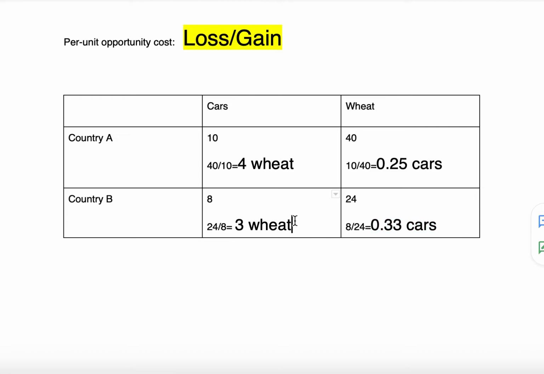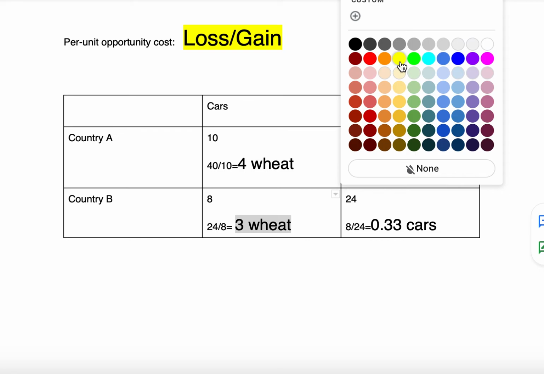Now we've got all the information we could possibly need to solve the comparative advantage problem. So who can make a car at the lowest opportunity cost? Well, it's country B. Country B, it takes 3 wheat to produce a car, whereas country A, it takes 4. So I'll highlight that for you.